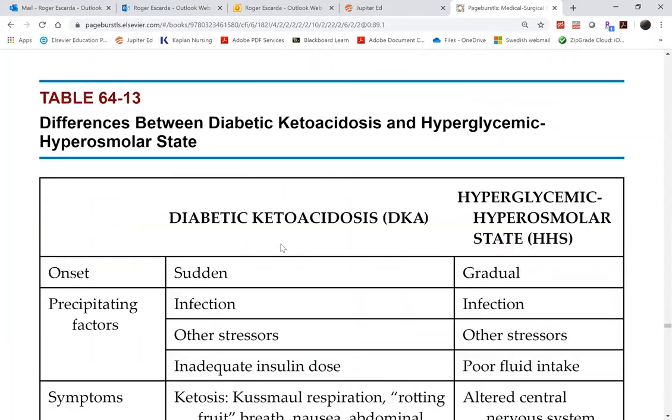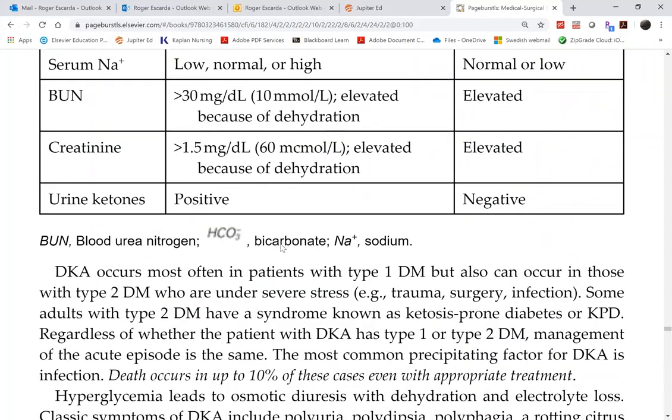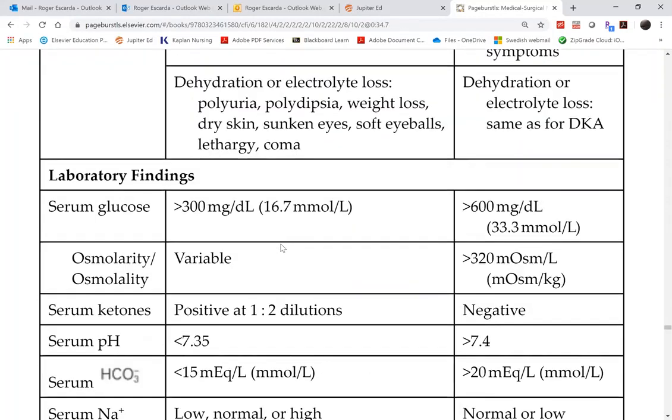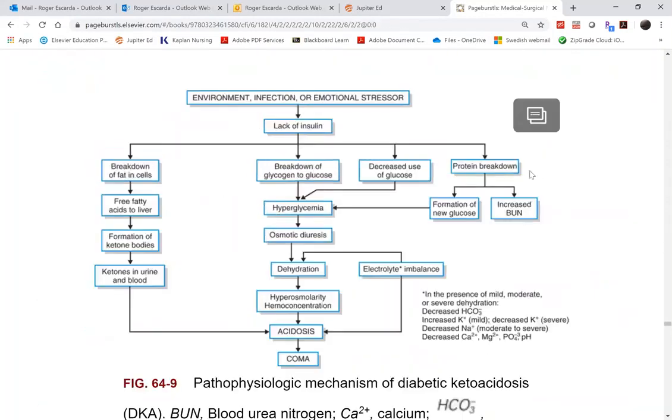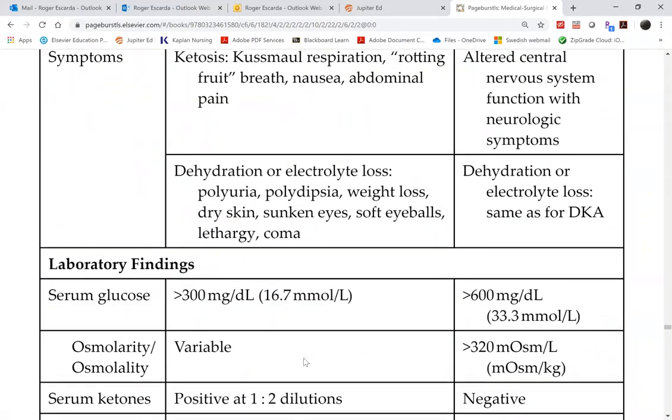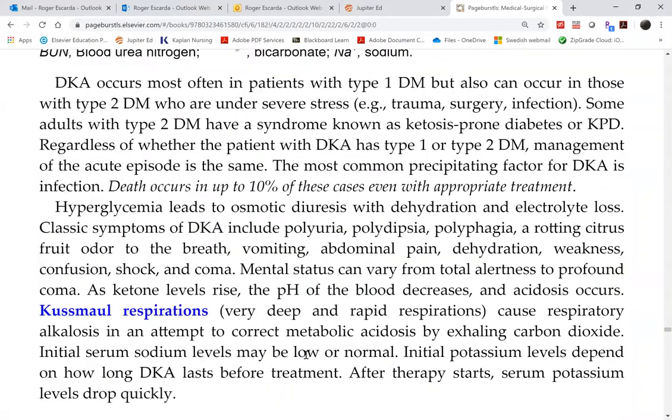Let's go to the management now. So you saw the mechanism by which the severe hyperglycemia worked and the continued vicious cycle that unless stopped, the only way we can stop this is to give insulin, right? Go now to the interventions.